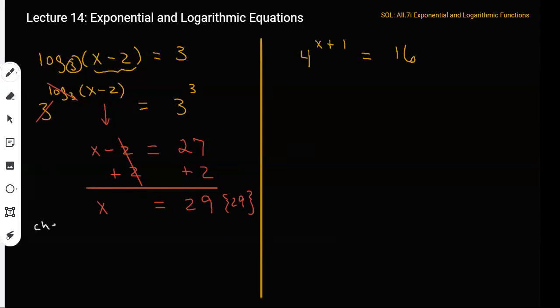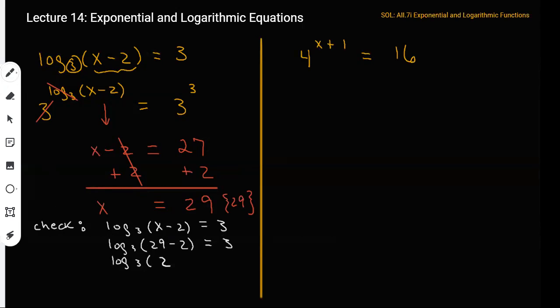Okay, so when we check, we want to start off with our original, and we're going to replace x with a 29 and see what happens. So when I do that, I get 29 minus 2 on the inside. That's obviously going to be 27 if I subtract.